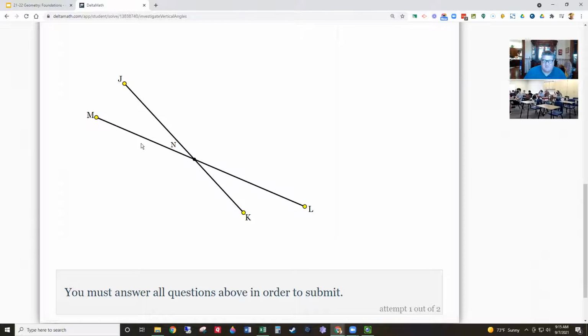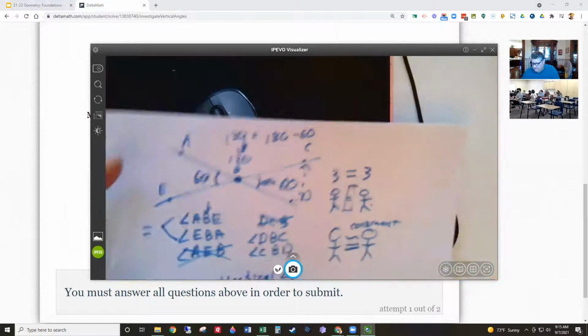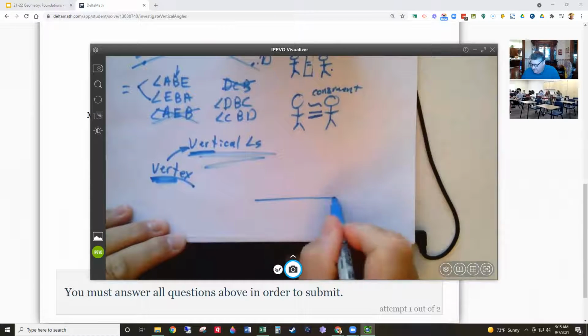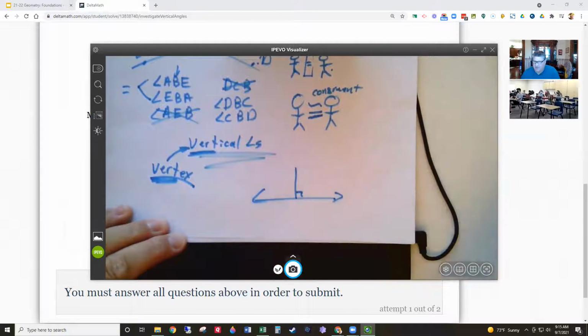You say, I don't know what 135 looks like. Well, do you know what 45 looks like? Let's think about this real fast. We know that's 180 degrees. If we make a right angle, how many degrees is that? 90.